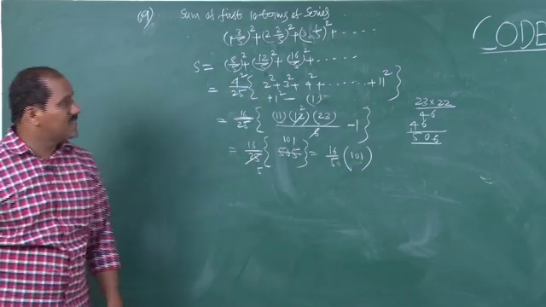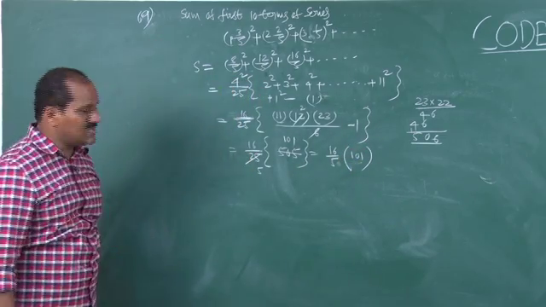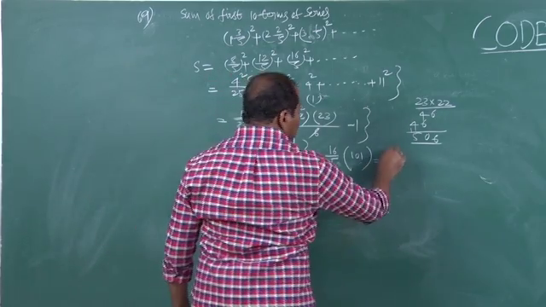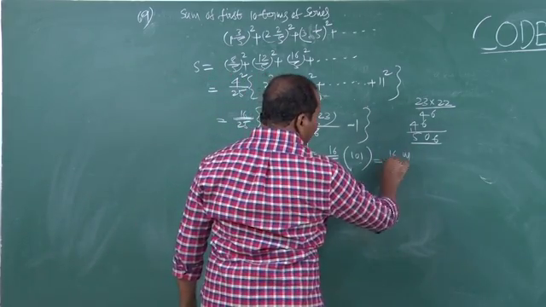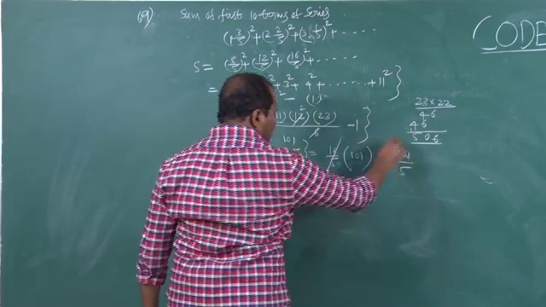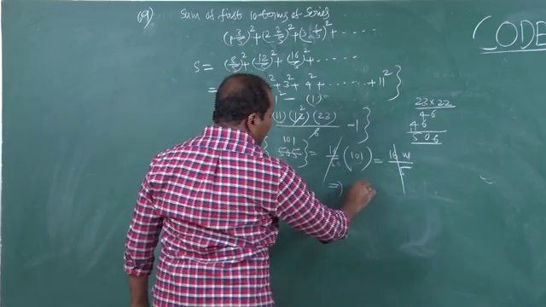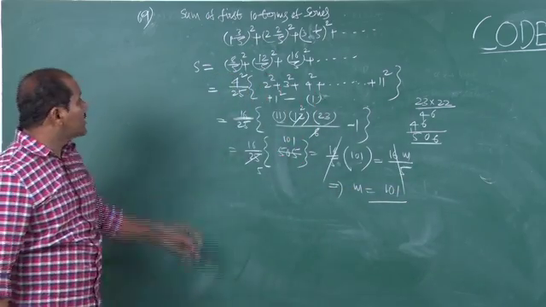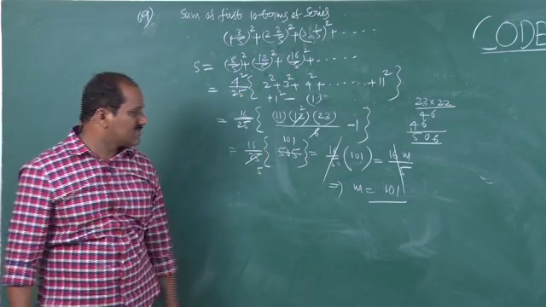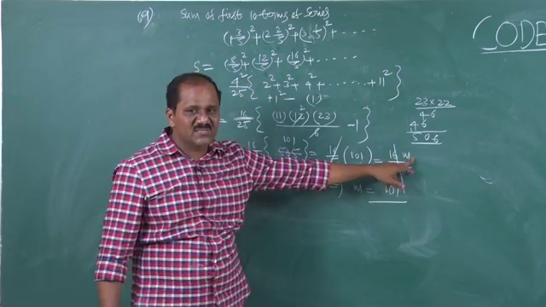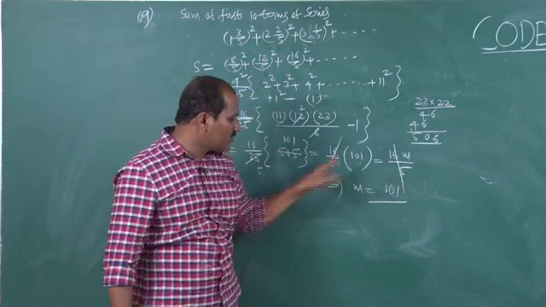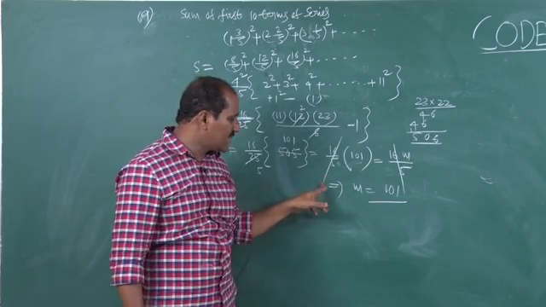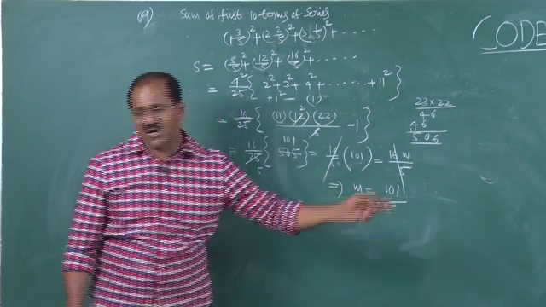But the given information is that the sum of 10 terms of the series is equal to 16 m by 5. So 16 by 5 on both sides gets cancelled, and the answer is m equal to 101.